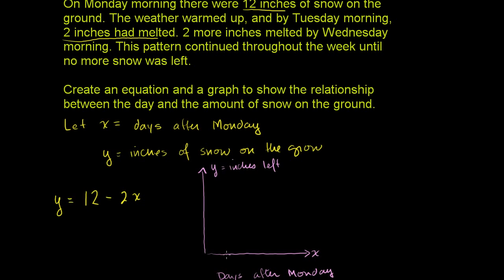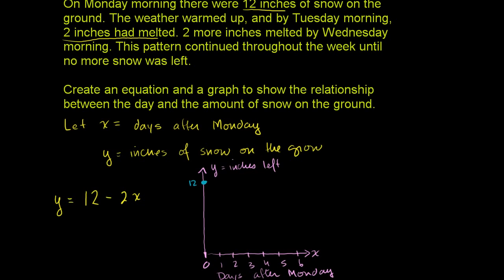And so we have 0 days after Monday. We have 1, 2, 3, 4, 5, and 6. And then on Monday, which is exactly 0 days after Monday, we have 12 inches on the ground. So I'll do it up here. So we have 12 inches on the ground right there.